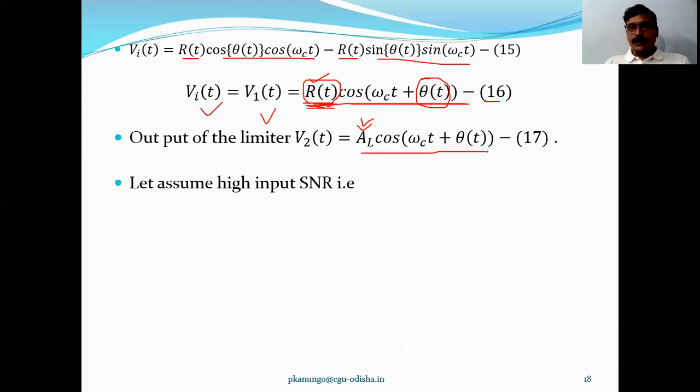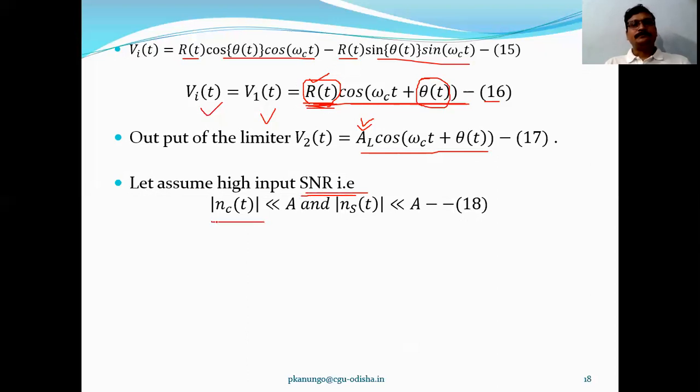Again, let me tell you that when we assume something, it is to make the mathematics simple, or to simplify the formulation. So that is why we assume a high signal to noise ratio, where the input SNR is very high.